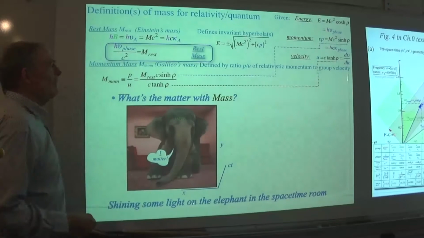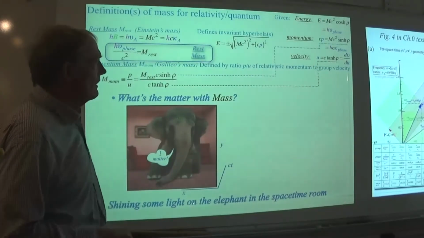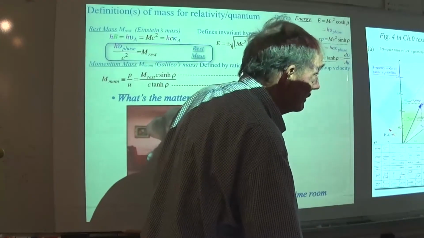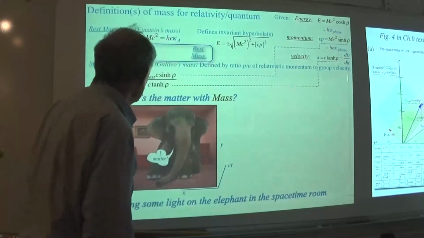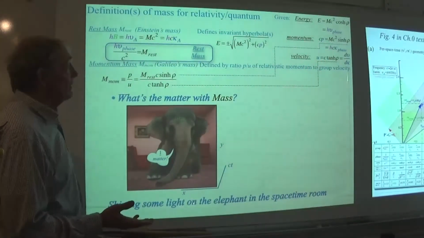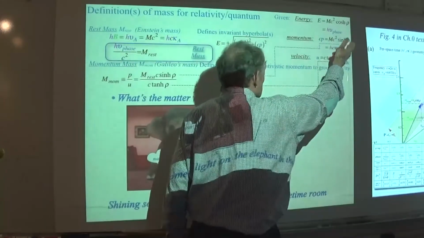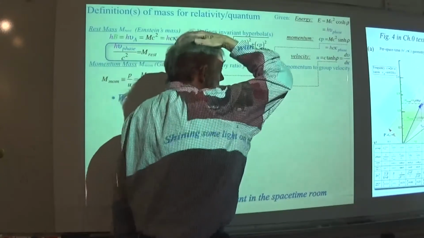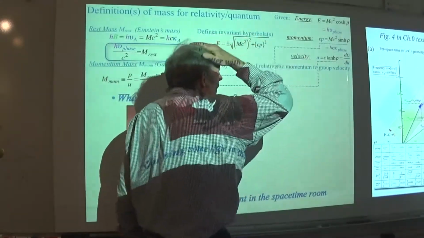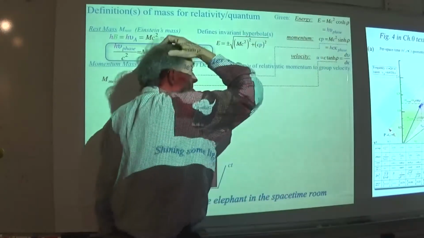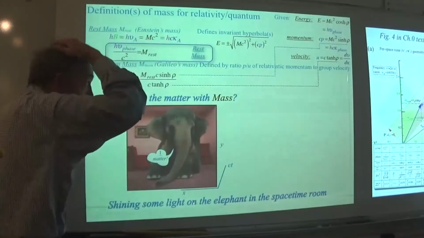But there's a thing called momentum mass. That is definitely part of any relativity course. And so what I'm going to do here to get that is I'm going to say, all right, I've got a new formula for momentum here. It's not mv squared or p squared over 2m anymore, but this one is mv, or p.